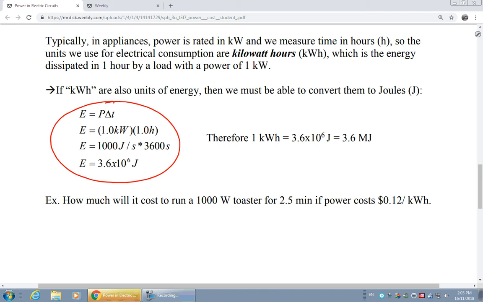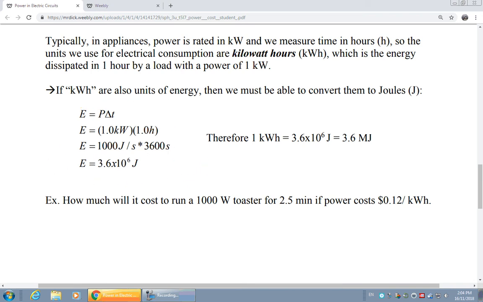So we get that 1 kilowatt hour is about 3.6 million joules, or about 3.6 megajoules is the other way that we could say that. But once again, if we can figure out how many kilowatt hours an appliance is rated for, figure out how many hours we run it for, and if we know how much electricity costs for each kilowatt hour we use, we can easily use those factors to figure out how much the electrical energy is going to cost us.